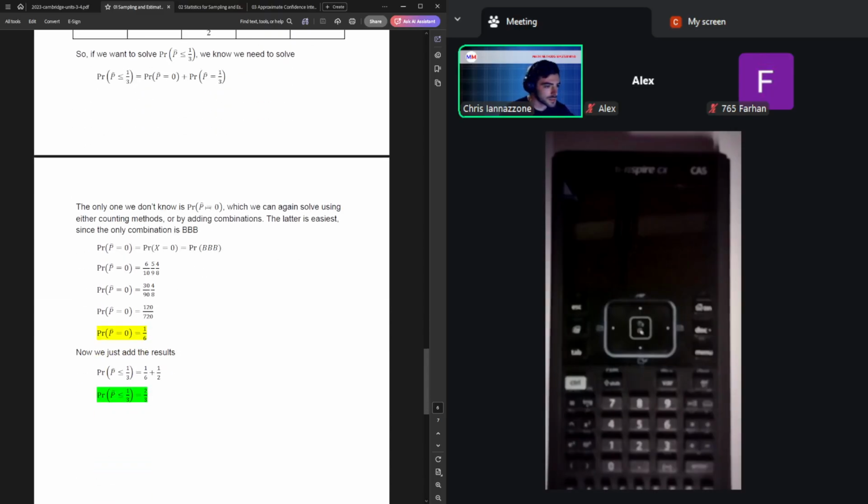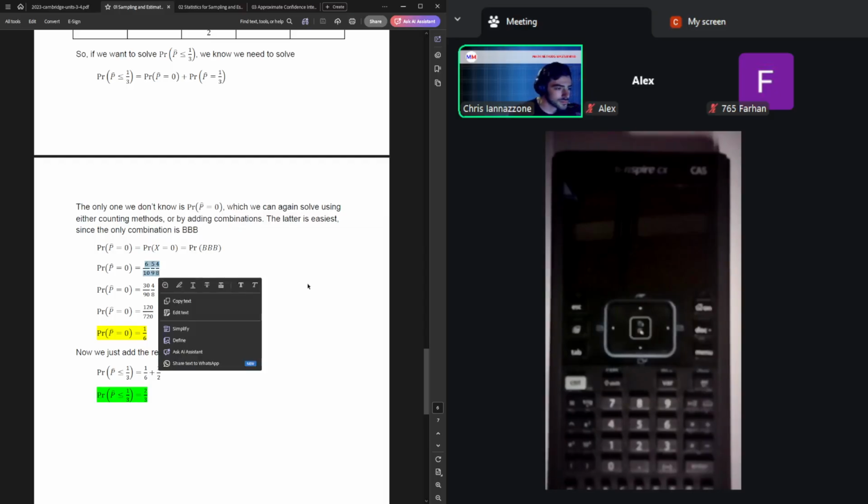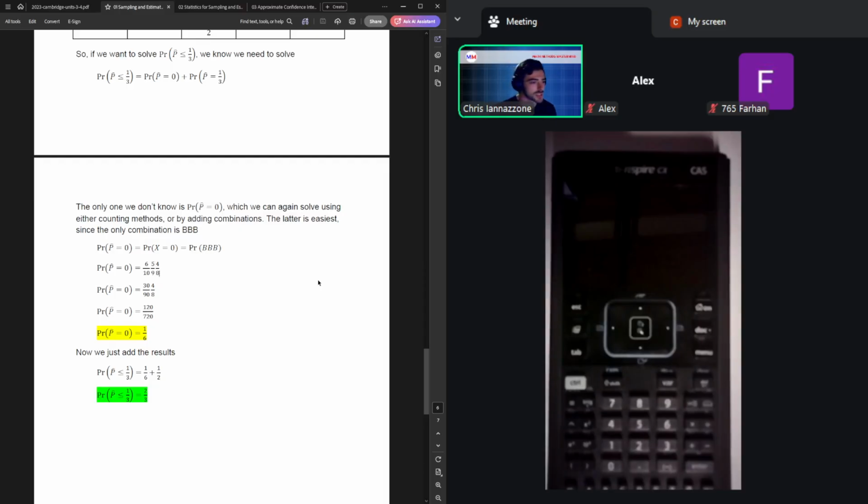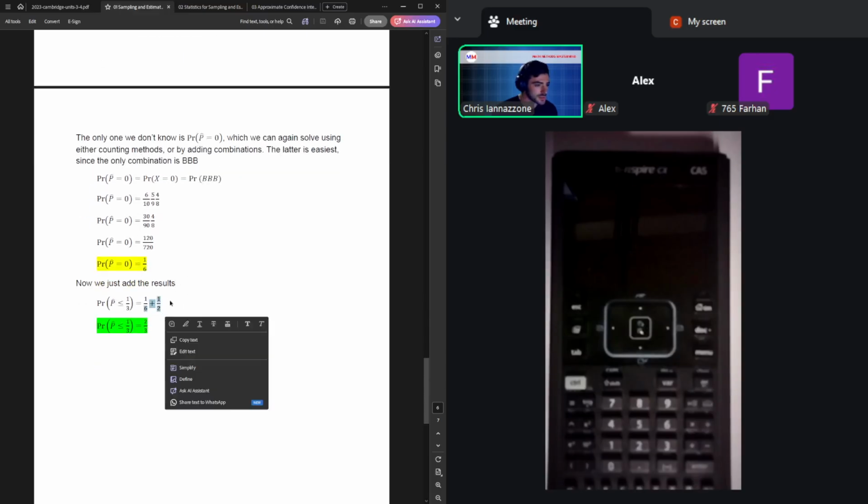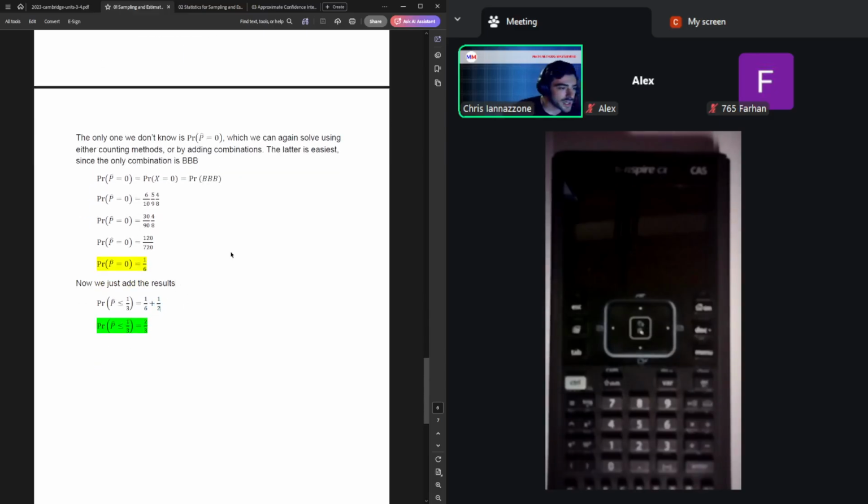In that case, x equals 0 or p-hat equaling 0 just means no whites were selected, which means all blacks were selected. Probably easiest just to multiply that up rather than going through a whole combinations selections equation approach. That's going to get you 1 out of 6. Then just go ahead and add that to the half that you had from before, giving you a total answer of 2/3.